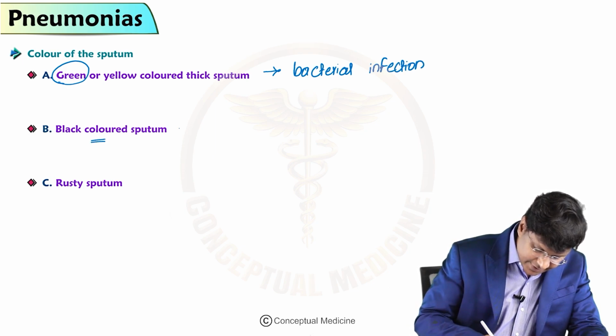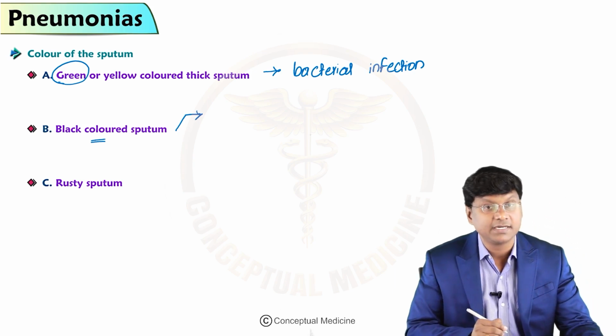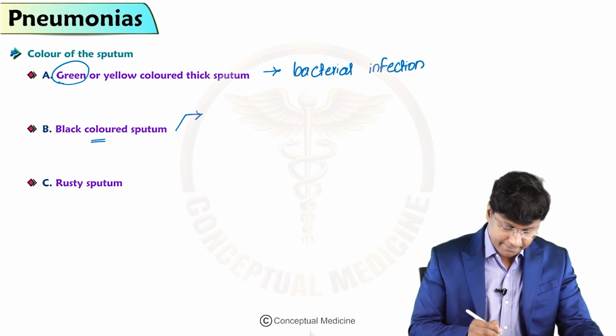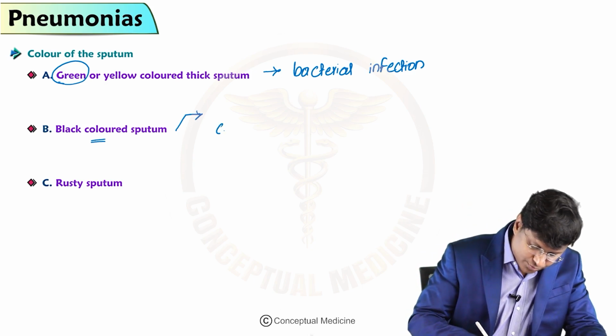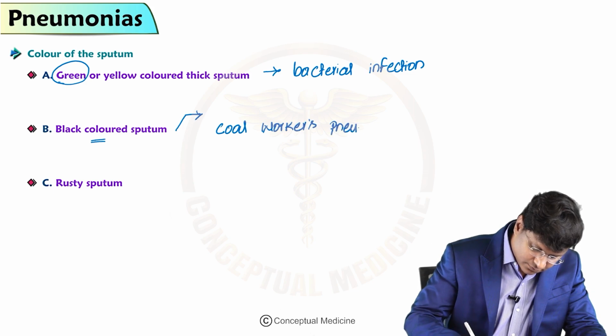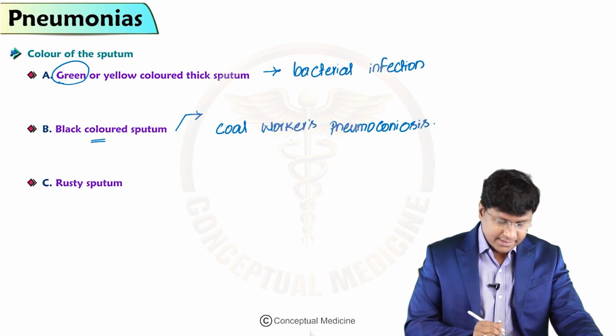If the individual has black colored sputum, it is suggestive of coal workers' pneumoconiosis.